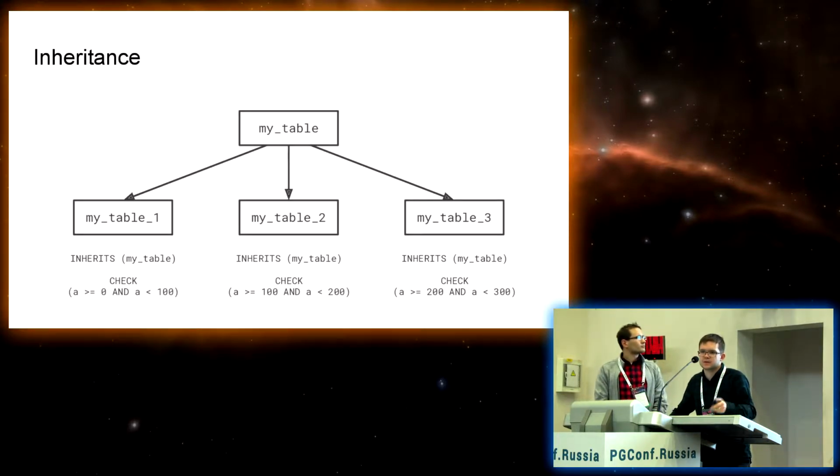If we do select from my table, we will automatically pull data from these tables, and it will be done with the help of the Append node of the executor in the planner, and there are its modifications like MergeAppend. So the most important thing that you have to remember is Append.